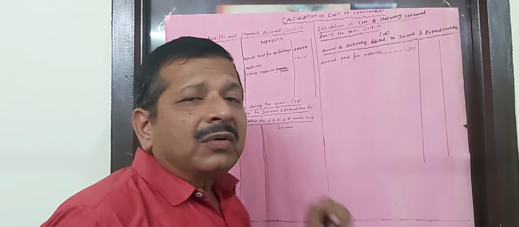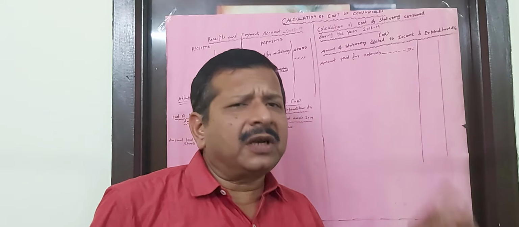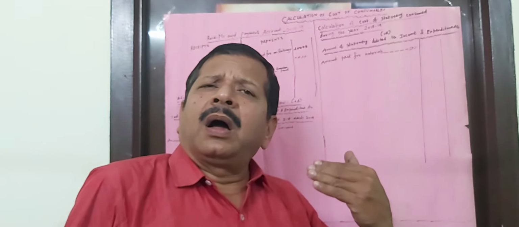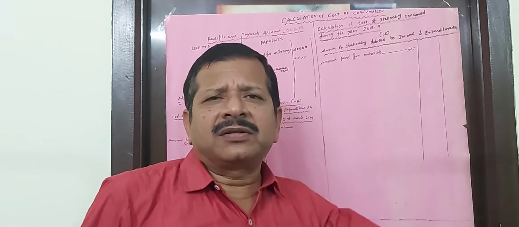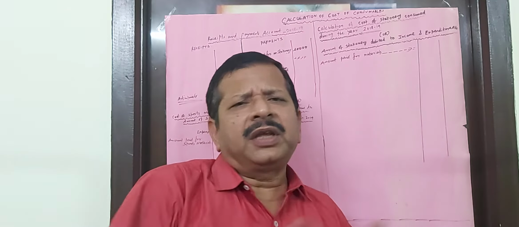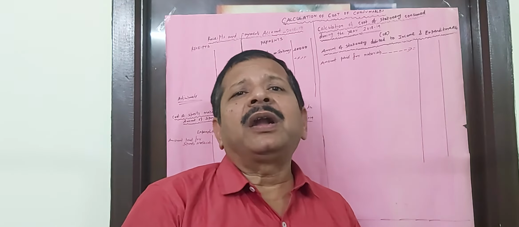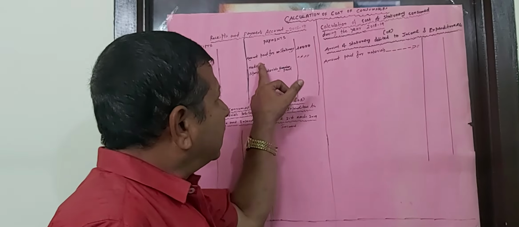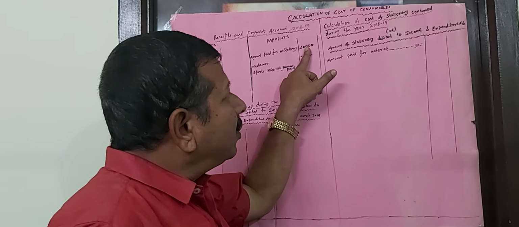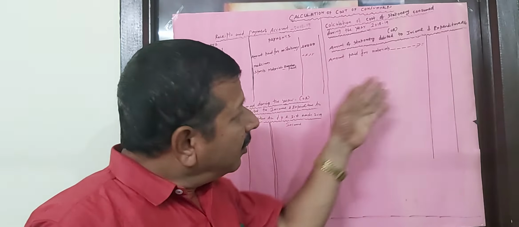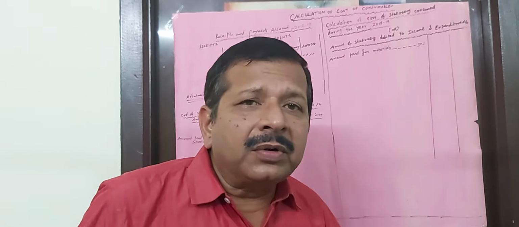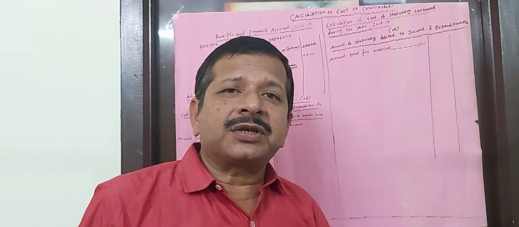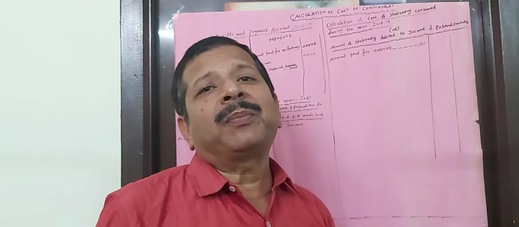This 40,000 is the amount we have paid, that is, the receipts and payment account amount. It will include the last year amount, the current year amount, the next year amount, so many things, as we have already discussed. But with the available information you have to find out how much stationery we have consumed during the particular year.